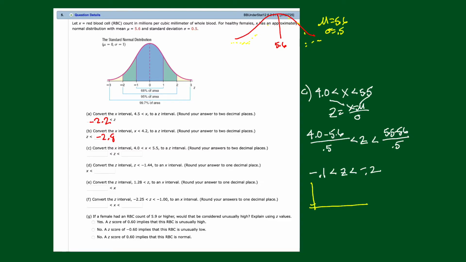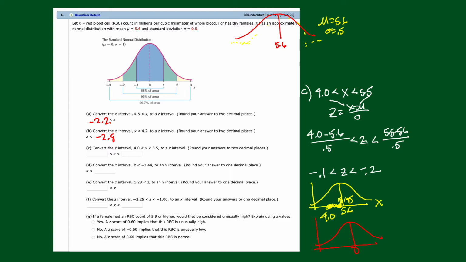Just to be sure we know what's going on here, I'm going to draw two little curves. The first one is in x. The high point here is 5.6, and we are going from 4.0 to the left to 5.5. But we're converting this to a z interval. We're getting out of x's and converting to z's, and z's look like this.